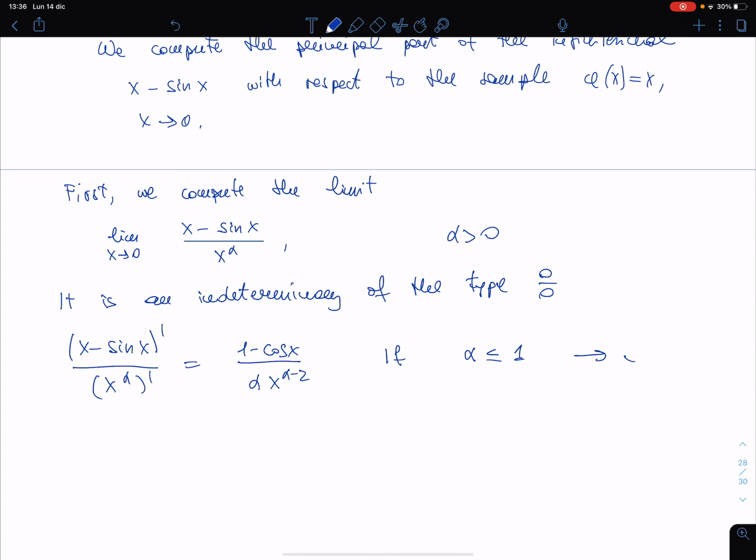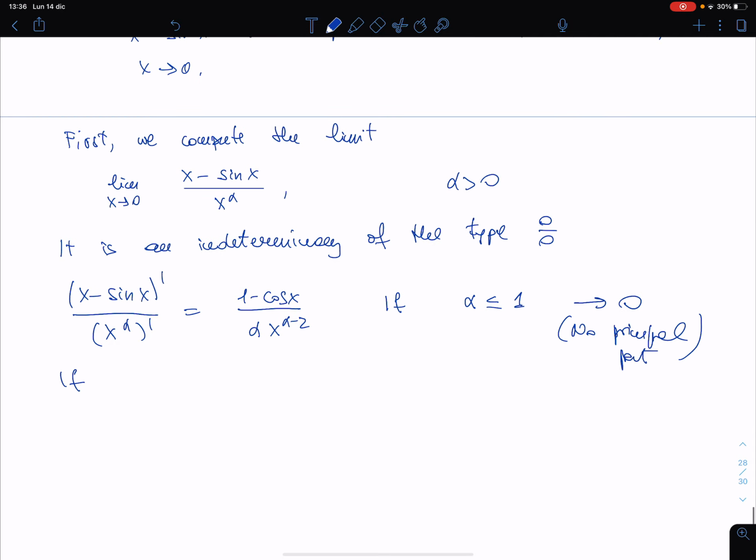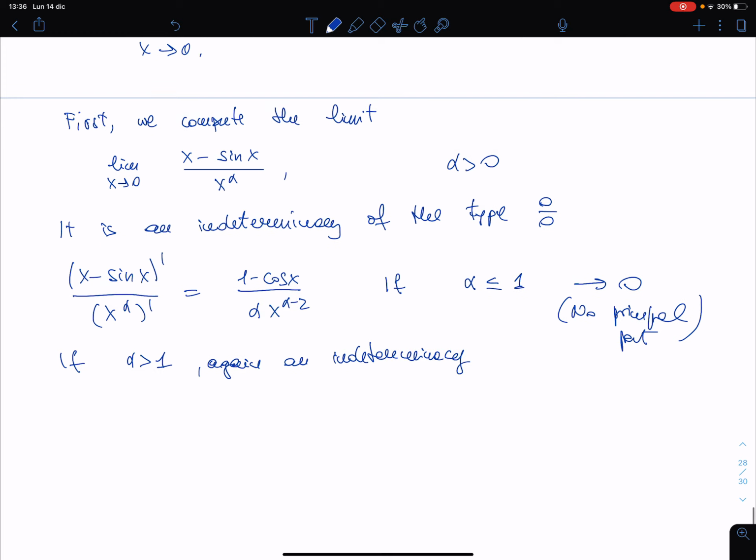The limit is 0, so we cannot find the principal part. On the other hand, if alpha is larger than 1, then again we have an indeterminacy of the case 0 over 0.